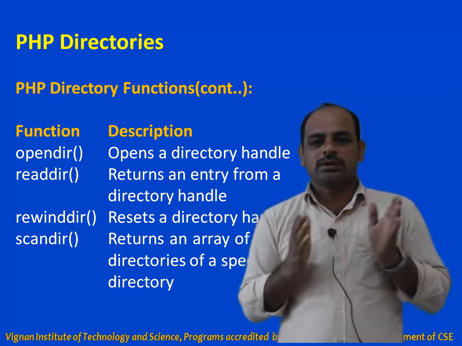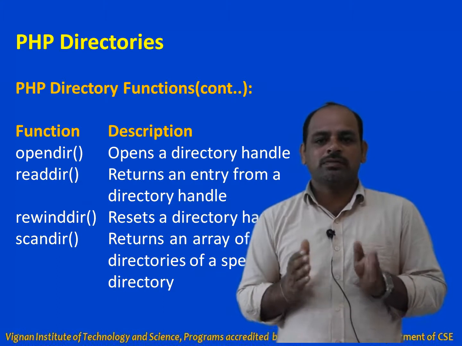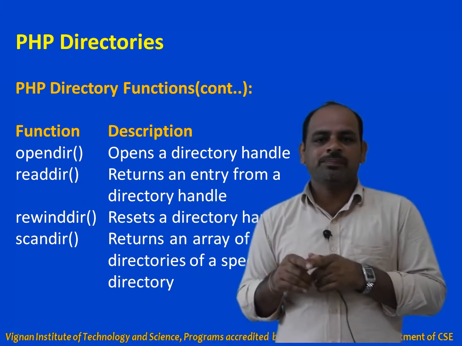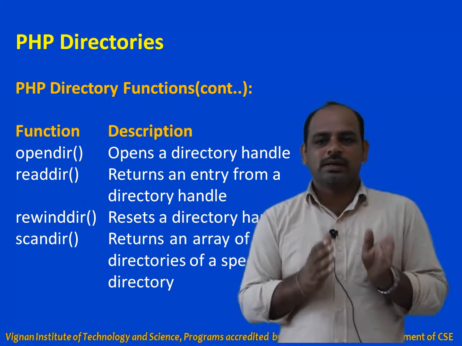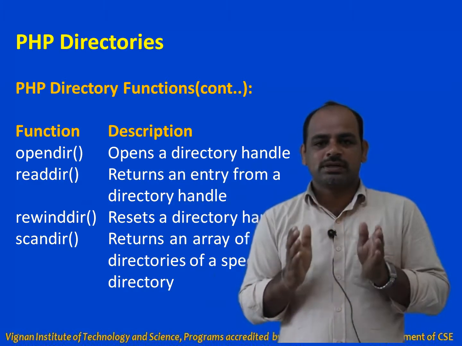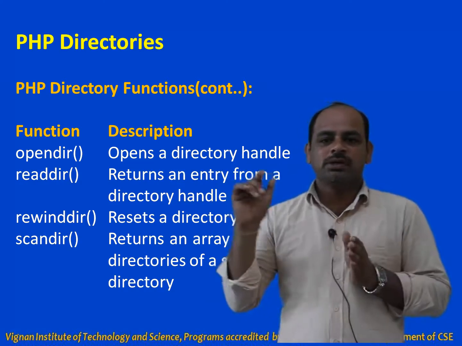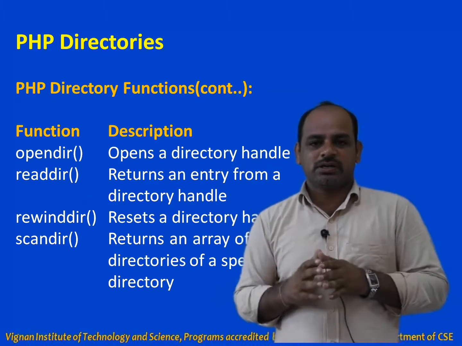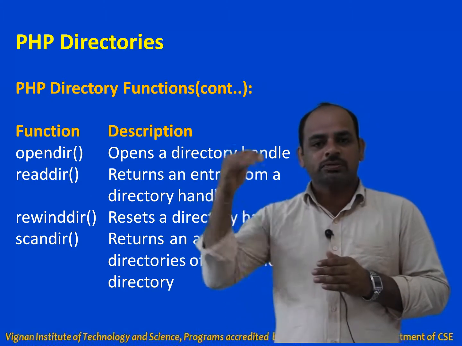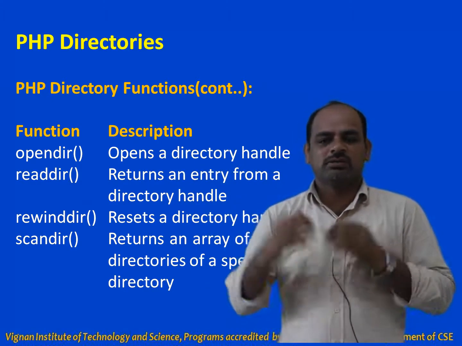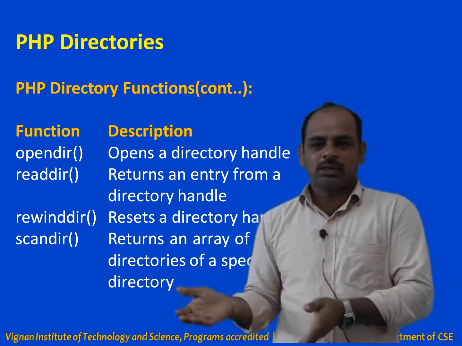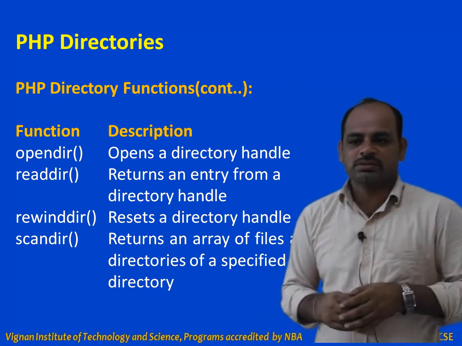Here also the opendir function opens a directory, and the directory handle is a pointer pointing to the beginning of the directory. We will use this to read the content within a directory, which generally has file names as well as other directories.